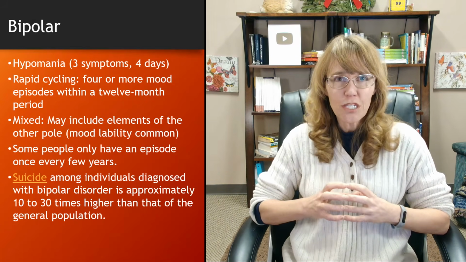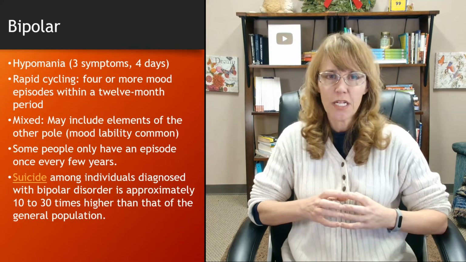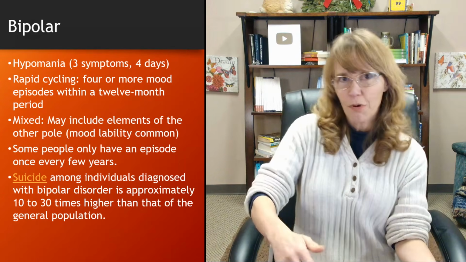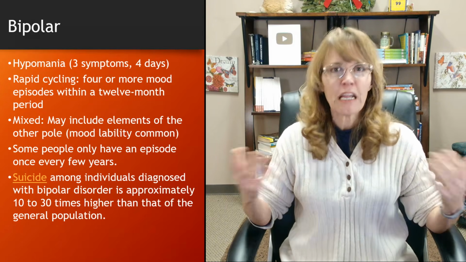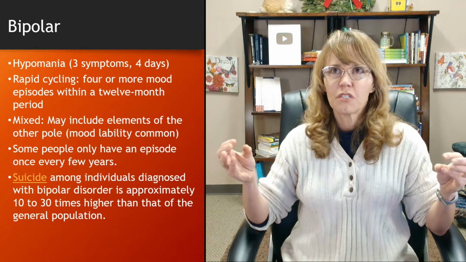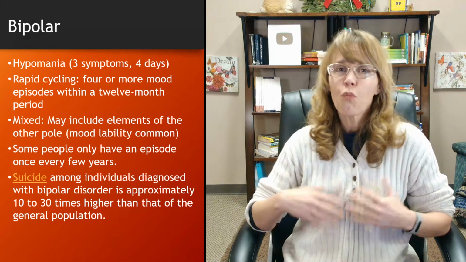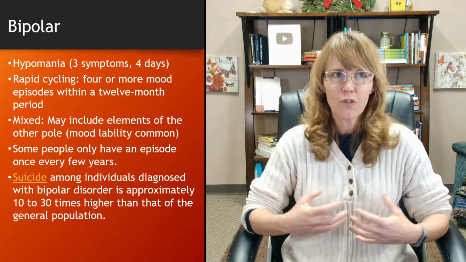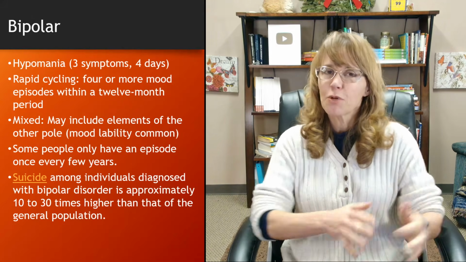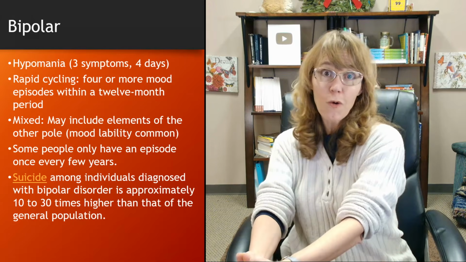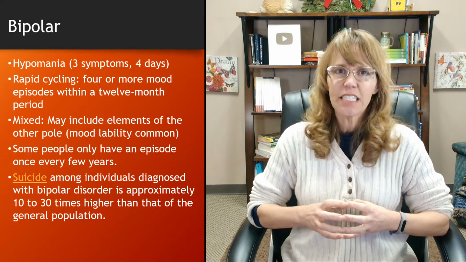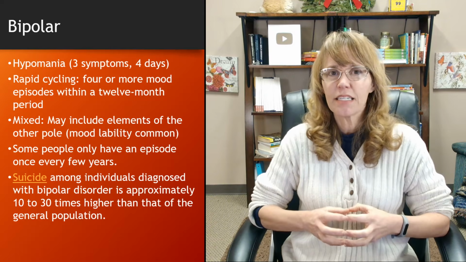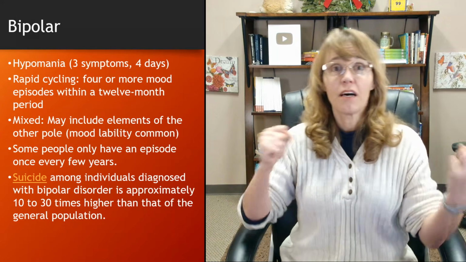Another misconception with bipolar is that people alternate. They go depression, mania, depression, mania. No. It is very random which moods get triggered. And working with somebody with bipolar disorder, many times you can identify particular triggers for each pole. But it is definitely not an expected depression, mania alteration.